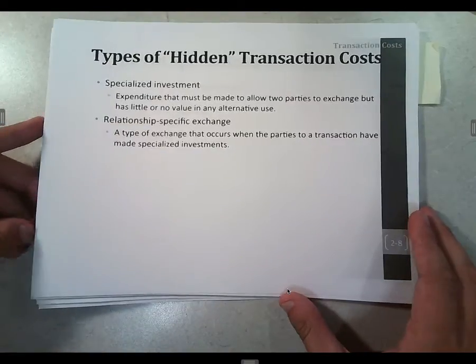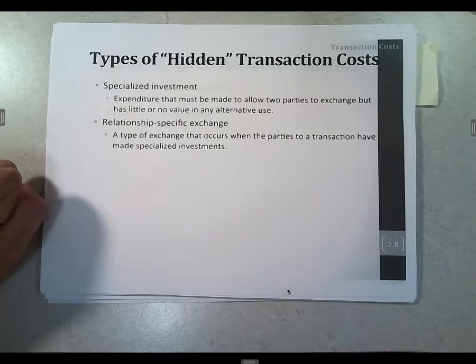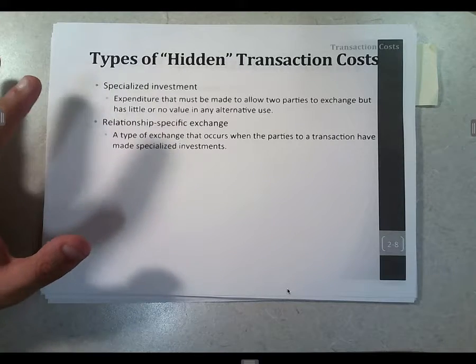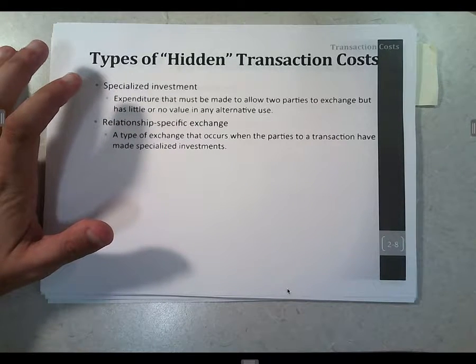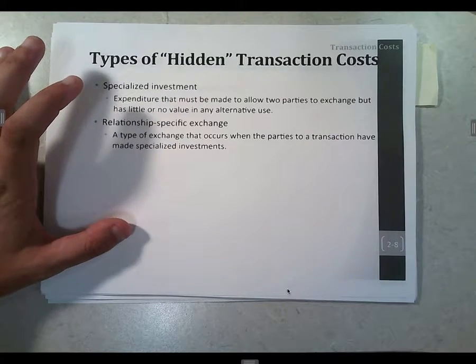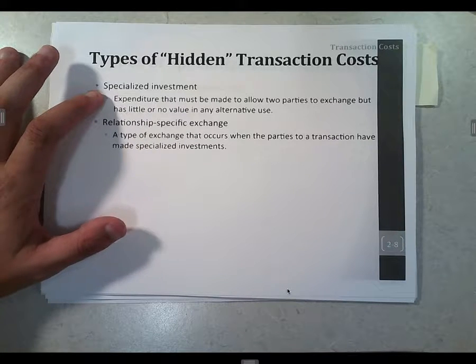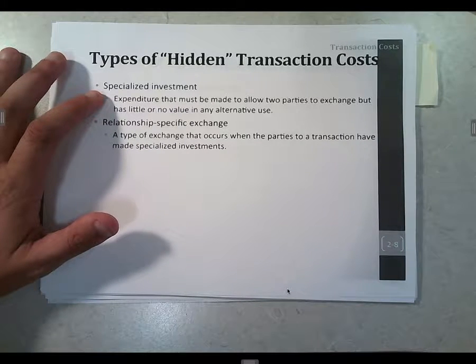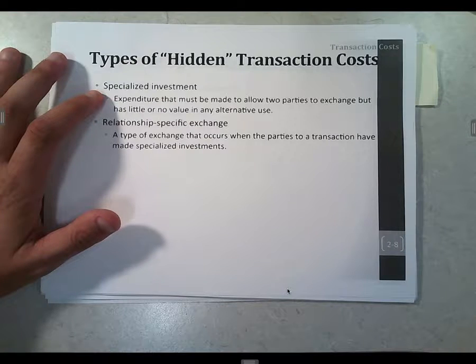Now, within these transaction costs, we also have to think that transaction costs are also a little bit more expensive because the knowledge you have of the supplier that you're going to deal with is really specialized knowledge.